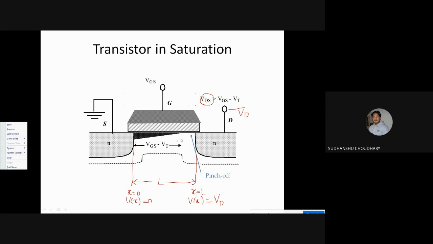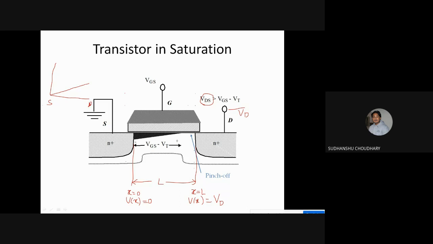As you move from source to drain, the channel potential increases. Sometime back we had commented on a similar thing in a JFET, that the channel potential increases as you move from source to drain.